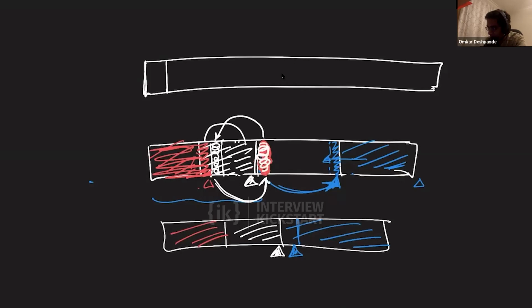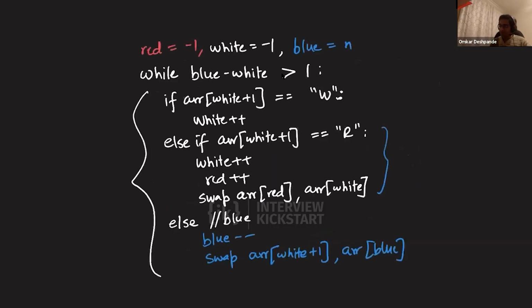So this will become white and this will become red. That's what we want. How do we do that? We move the red pointer forward and the white pointer forward, and we make the two numbers swap. Okay, so move the white pointer forward, the red pointer forward, and then swap the numbers. Okay, get it.